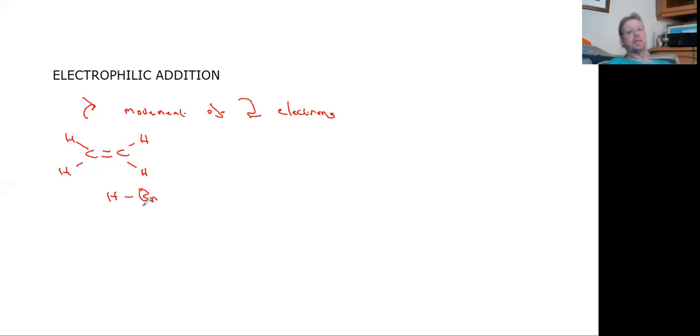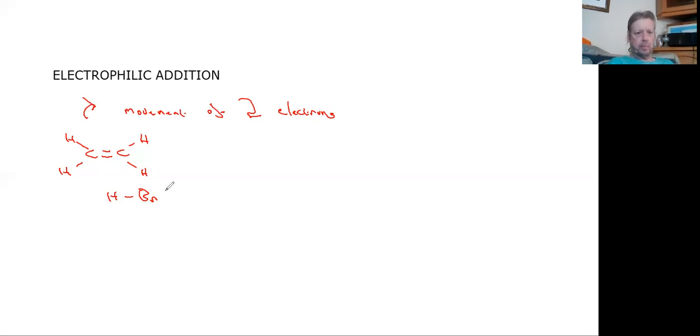Now HBr is also a covalent molecule. All of these bonds are covalent, in other words, a shared pair of electrons. You probably were taught at GCSE that the electrons are shared equally. That is not the case usually, because bromine is a lot more electronegative than hydrogen. If you're not sure which is which, bromine is at the right of the periodic table, and you should know that as you go further to the right of the periodic table, you get more attraction of electrons in the covalent bond.